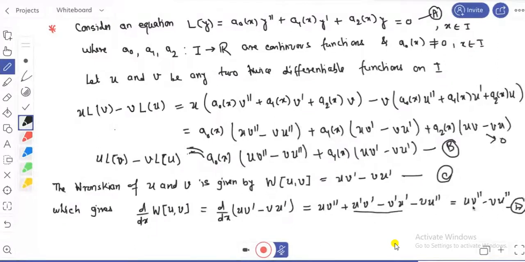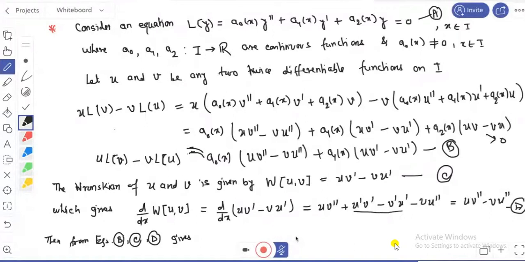This value equals d/dx of the Wronskian. And what is the value of u v' minus v u'? This value is from equation C; this is the Wronskian. So if we put these values in equation number B, then from equations B, C and D, this gives the relation.